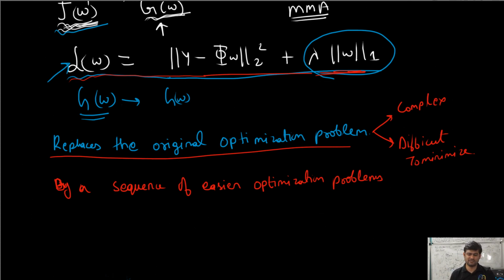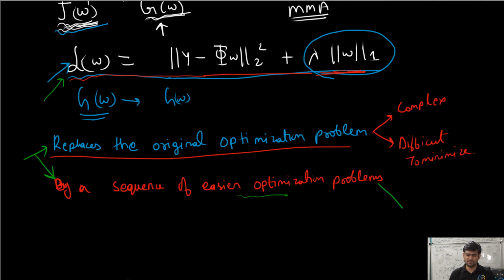Otherwise it wouldn't make any sense if those optimization problems are not easier to minimize. So it takes the original optimization problem, and instead of directly minimizing the loss function, it replaces that with a sequence of easier optimization problems, and by minimizing the sequence of loss functions in the resulting sequence of optimization problems, we obtain a solution that minimizes the original loss function.